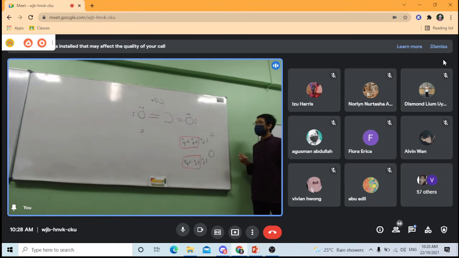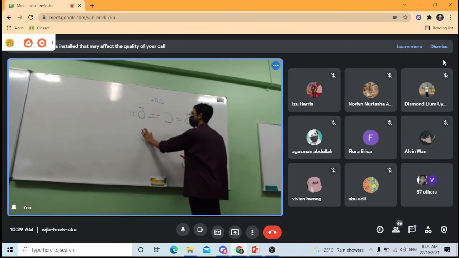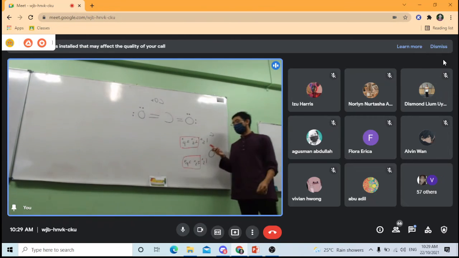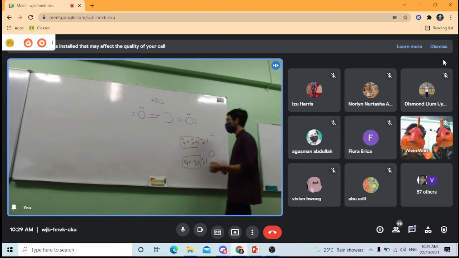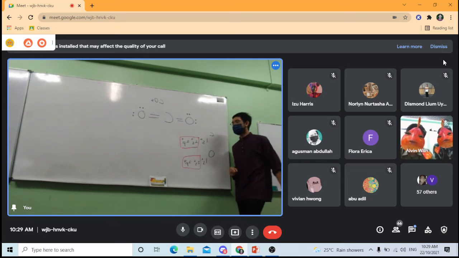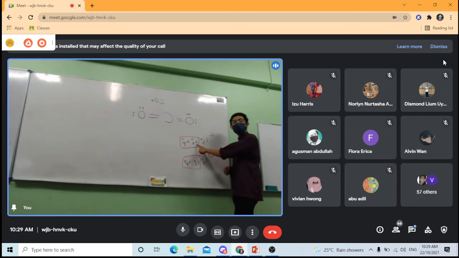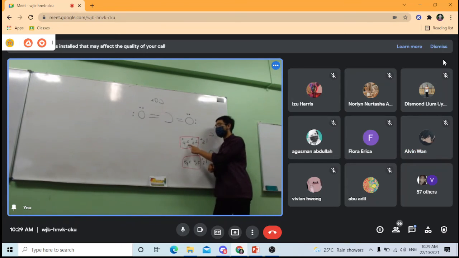Right. So how actually the orbital overlap? Okay. So remember hybridization. So carbon, dia ada 2s a fully filled orbital and we have a filled p orbital. Okay, tak penuh.